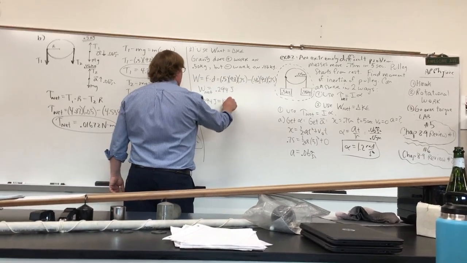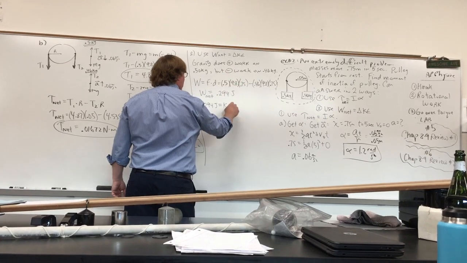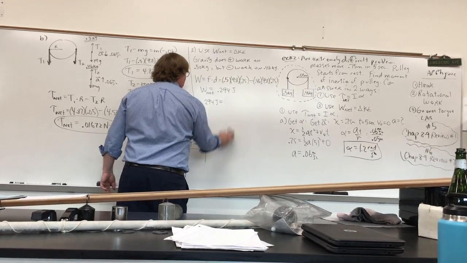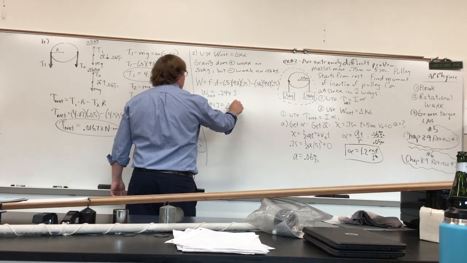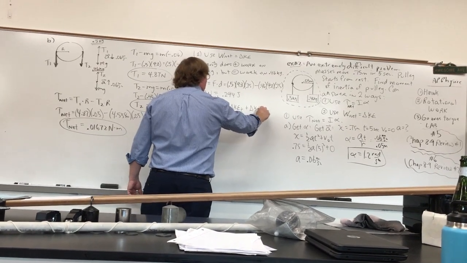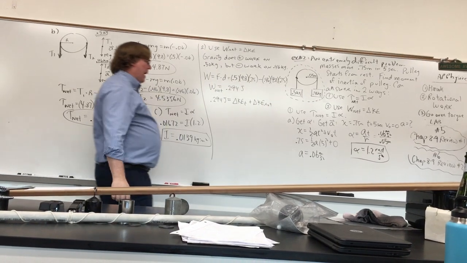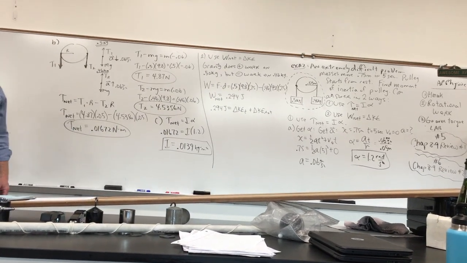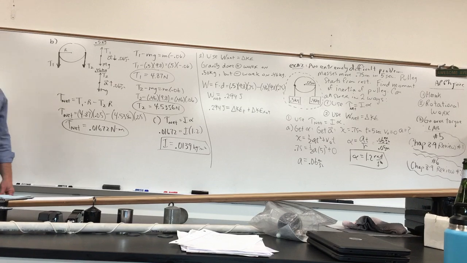Well, the change in the kinetic energy is going to be equal to the change in the translational kinetic energy plus the change in the rotational kinetic energy. When I add those two changes together, I get the total change in energy.